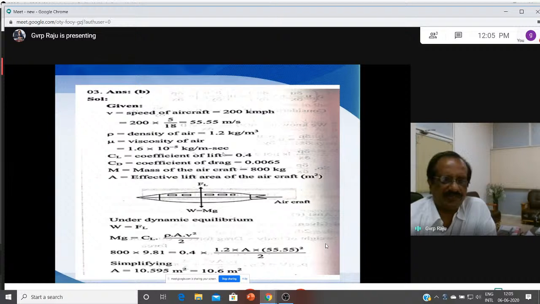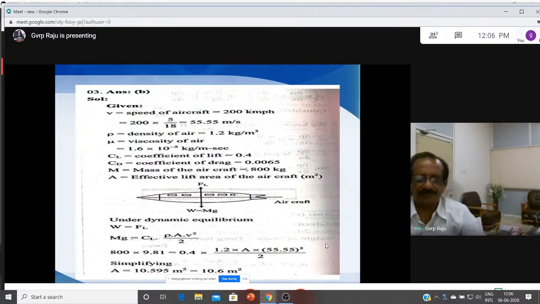CL is the coefficient of lift and CD is the coefficient of drag, 0.0065. The mass of the aircraft is 800 kg. He has asked to find out the effective lift area of the aircraft.